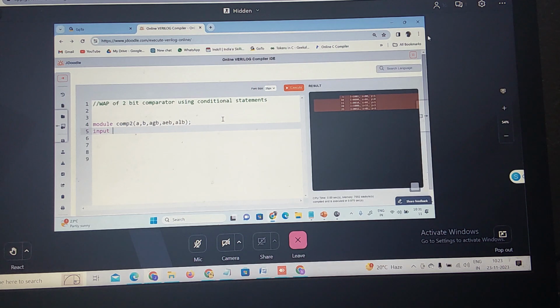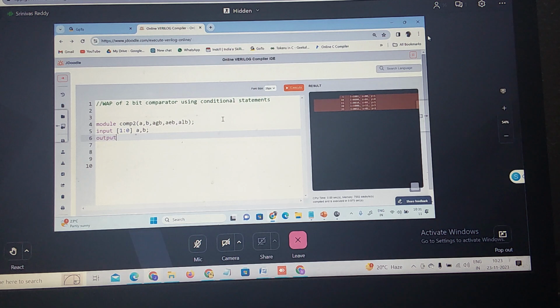Vector means what? 1 down to 0 of A comma B. Then what are the outputs? Output reg type: A greater than B, A equal to B, then A less than B, correct?